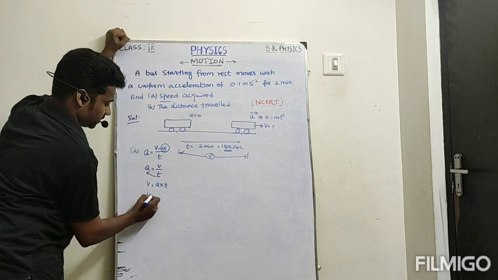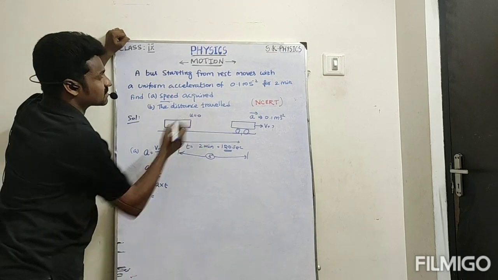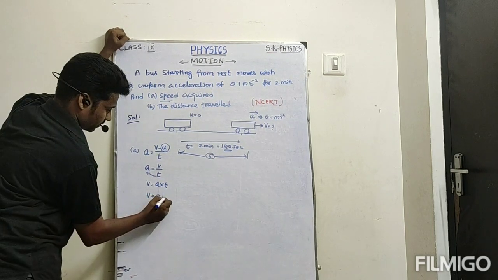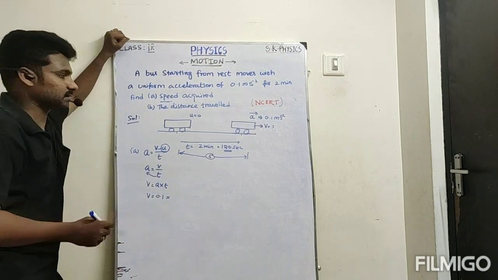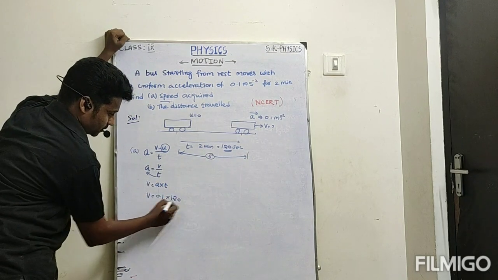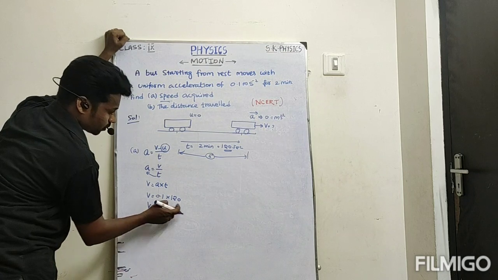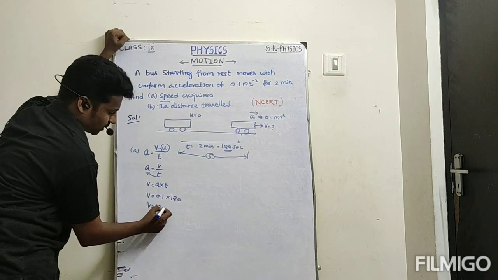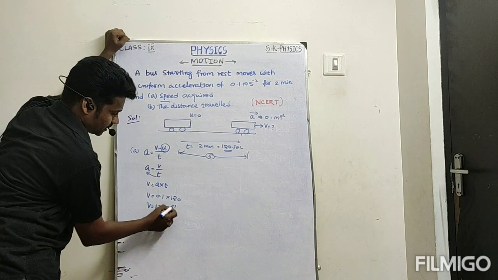Therefore v is equal to acceleration, which is 0.1 meter per second square, into time, which is 120 seconds. So 1 into 120 is 120. After one decimal place, I get 12 meter per second.